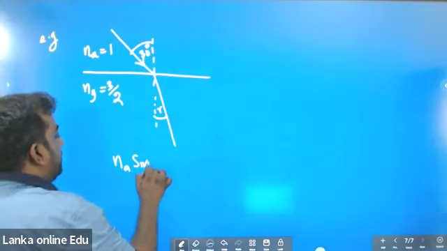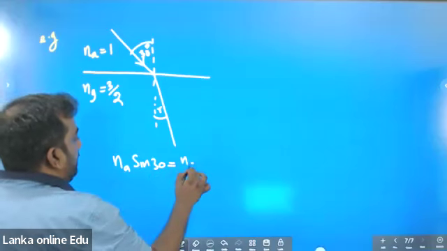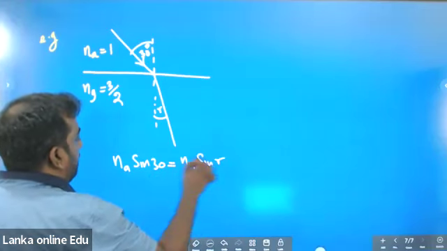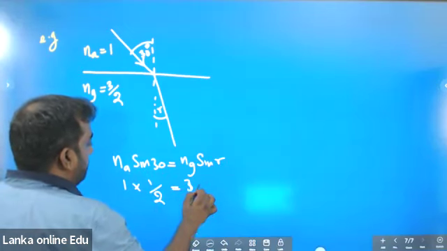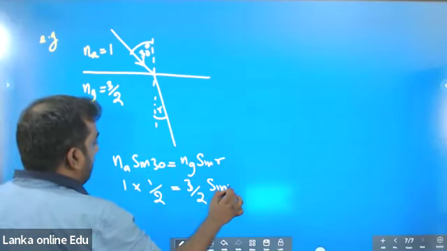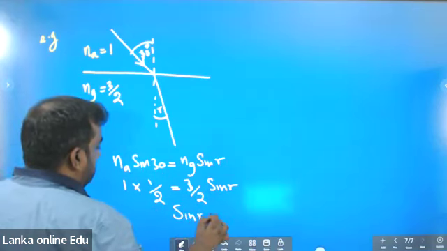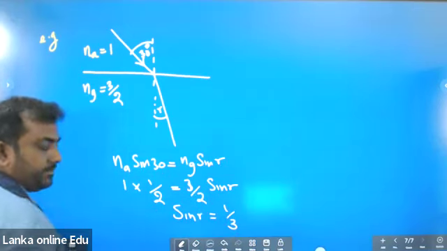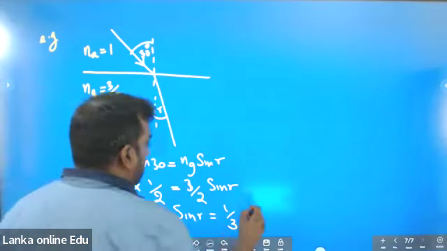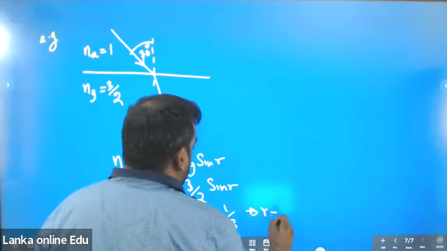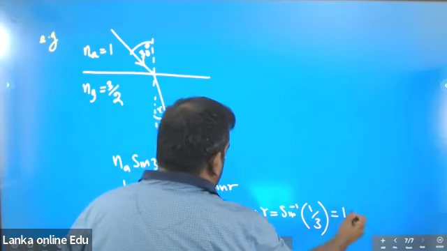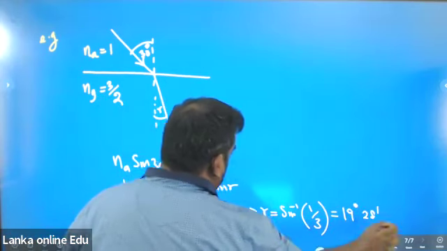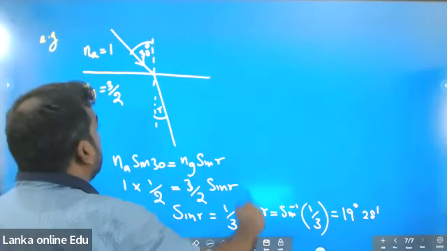NA sin 30 equals NG sin R. Sin 30 is half. NG is 3 over 2. Sin R is equal to 1 over 3. From this we can find R. R is equal to sin inverse 1 over 3. I think it's 19 degrees 28 minutes, something like that.